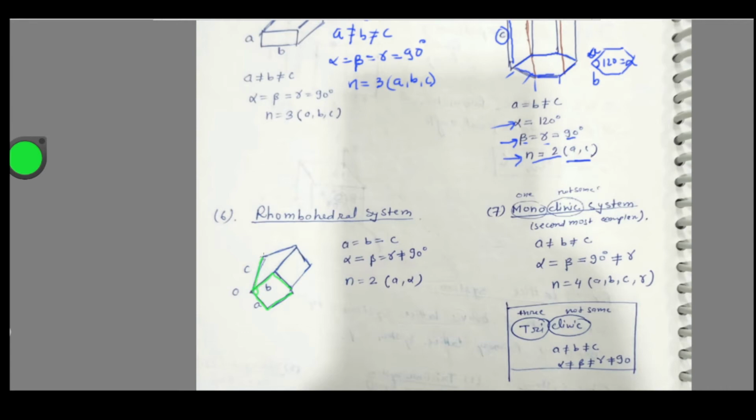So the general structure of the rhombohedral system is kind of twisted. There are two independent parameters here, A and alpha.